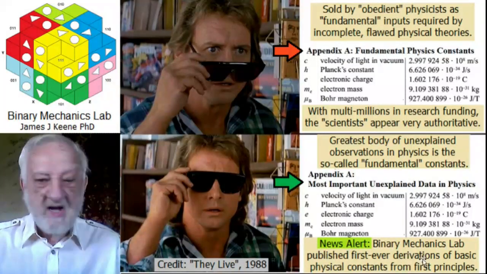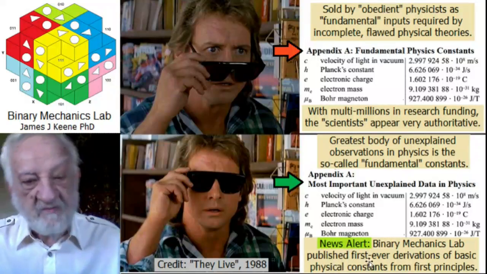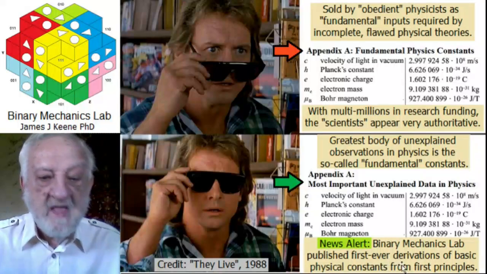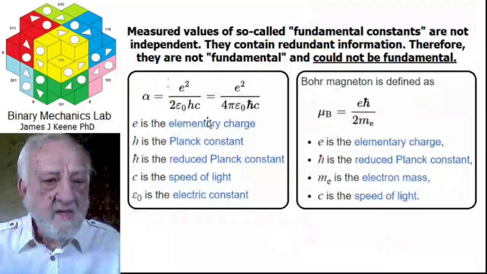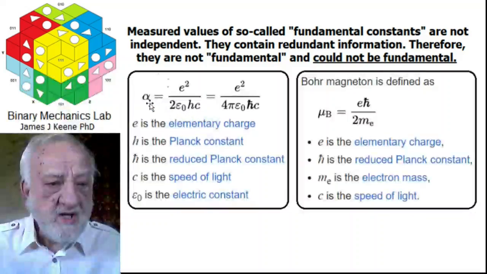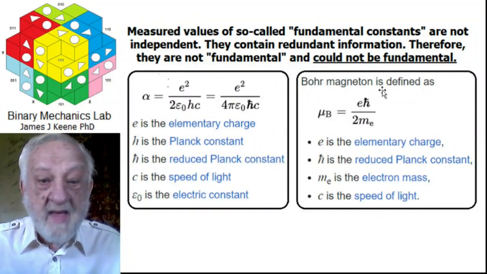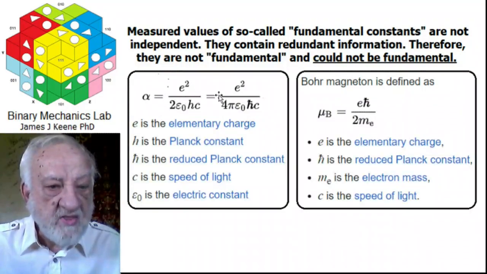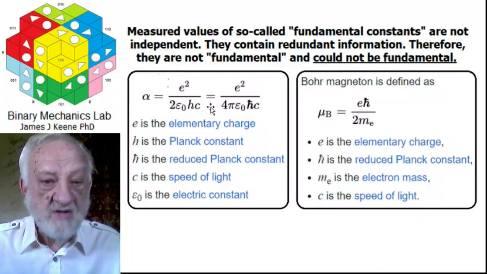News alert: Binary Mechanics Lab published first-ever derivations of basic physical constants from first principles. Here are equations for the alpha coupling constant and the Bohr magneton, which express those values in terms of other so-called fundamental constants.